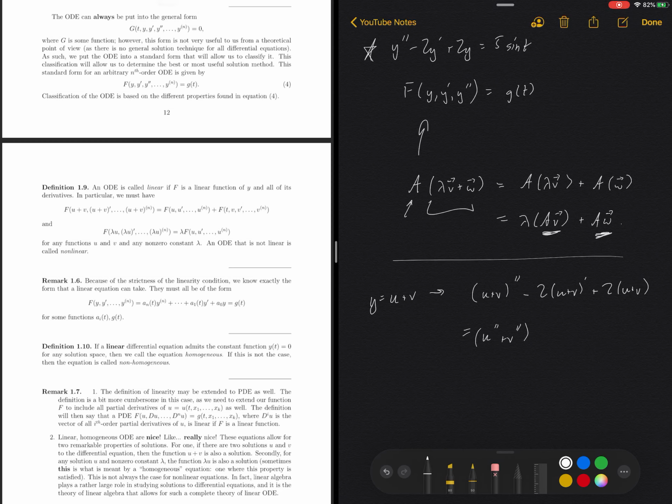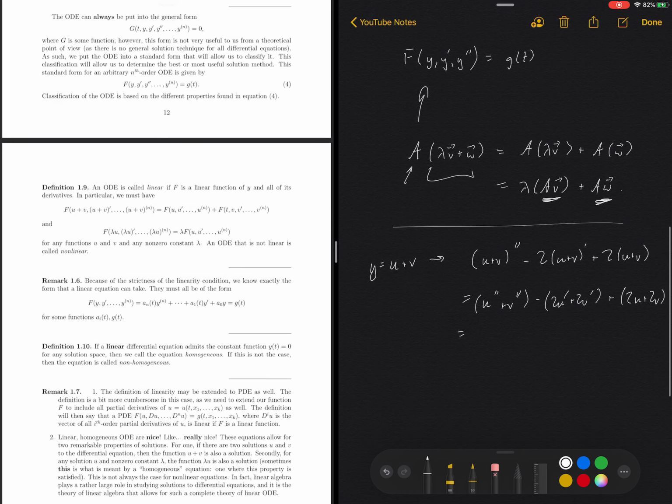This is what I'm going to call that big F function. But notice the derivative is linear, so it will distribute across sums, and I can bring that double prime inside. I can subtract twice u prime plus v prime, so this is minus 2u prime minus 2v prime. Then I'll have a plus 2u plus 2v.